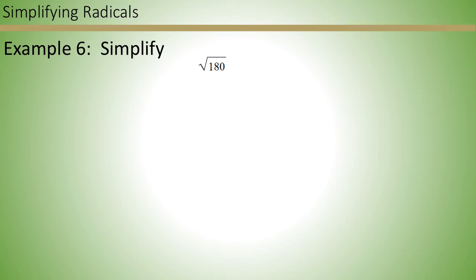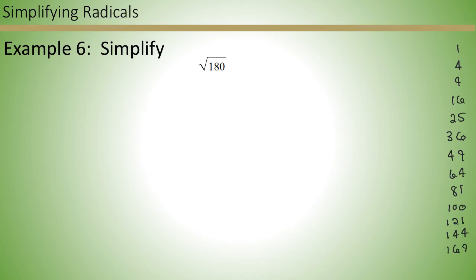Okay, another example is just a bigger number, but again, make your list of perfect squares. 1 times 1 is 1, 2 times 2 is 4, 3 times 3 is 9, 4 times 4 is 16, 5 times 5 is 25, 6 times 6 is 36, 7 times 7 is 49, 8 times 8 is 64, 81 is 9 times 9, 10 times 10 is 100, 11 times 11 is 121, 12 times 12 is 144, and 13 times 13 is 169.